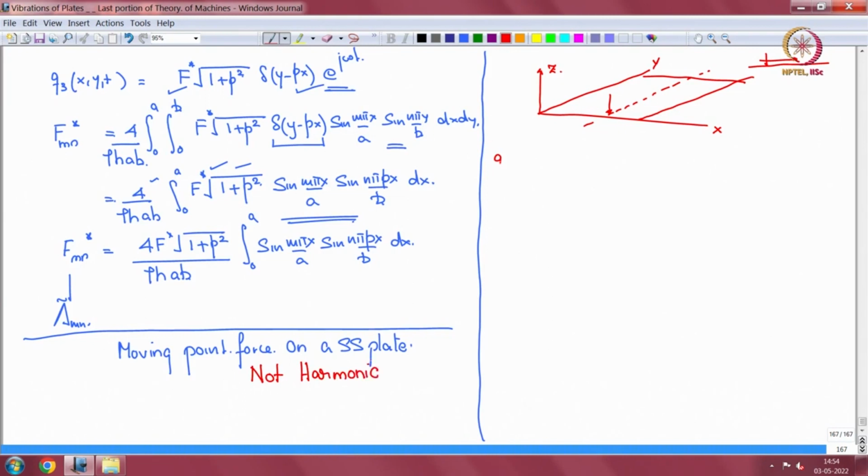So my q3 of x comma y comma t is equal to the force, I will put a minus, delta x minus x star, then delta of y minus y star, but now this time y star is moving. Y minus vt.